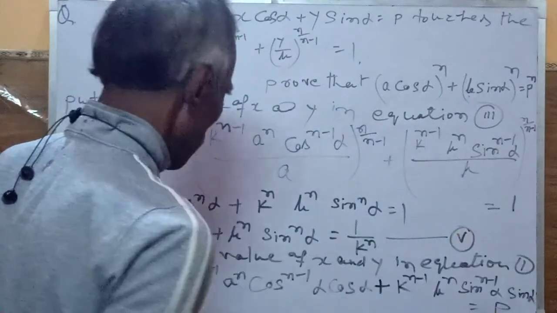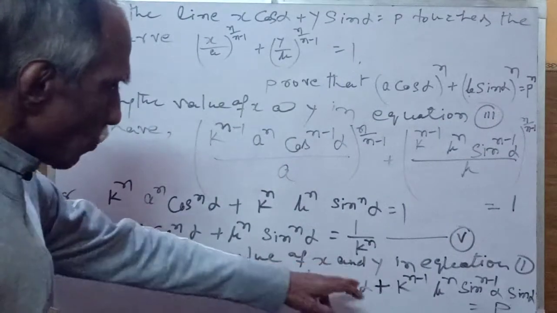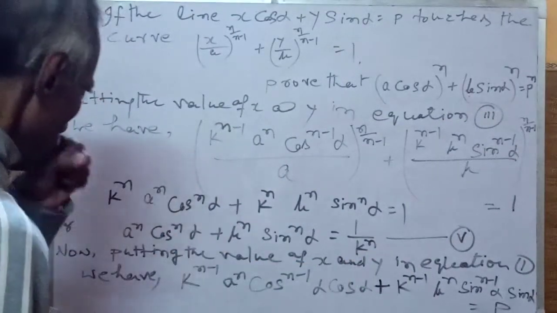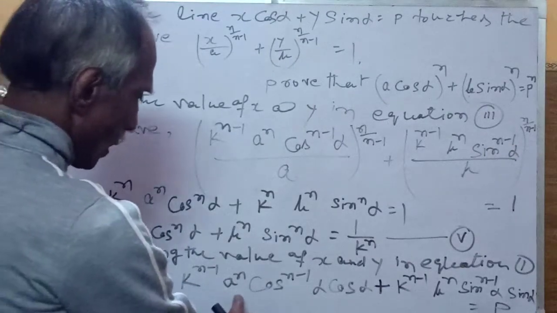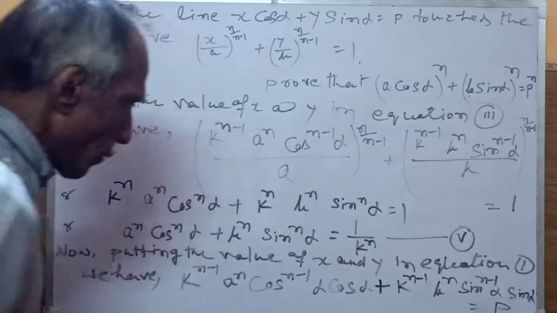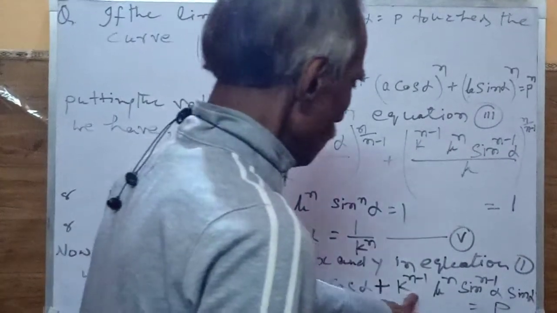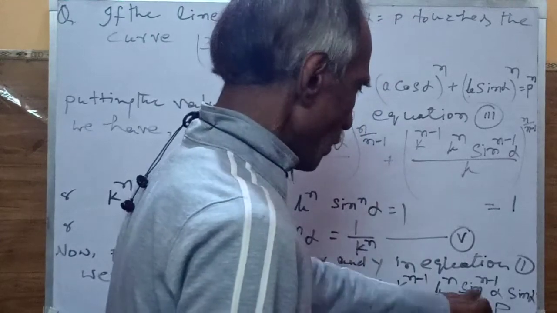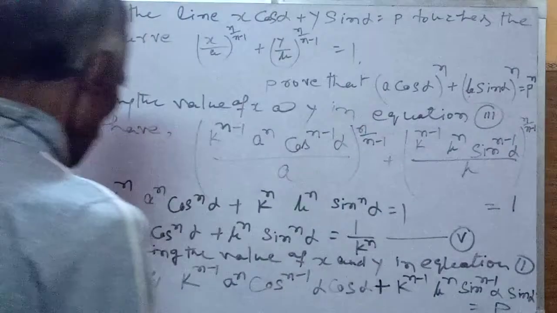This is equation 5. Now, putting the value of x and y in equation 1, we have k^(n-1) a^n cos^(n-1) alpha into cos alpha plus k^(n-1) into b^n sin^(n-1) alpha into sin alpha is equal to p.